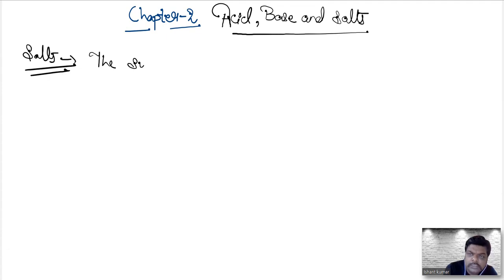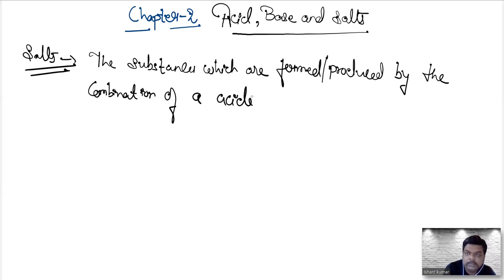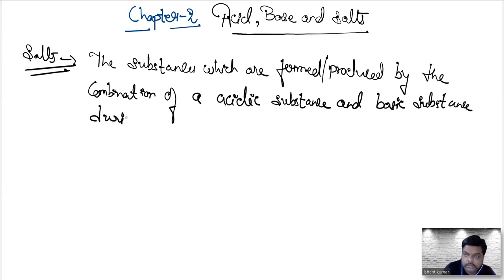The substances which are produced or formed by the combination of an acidic substance and a basic substance during a neutralization process.